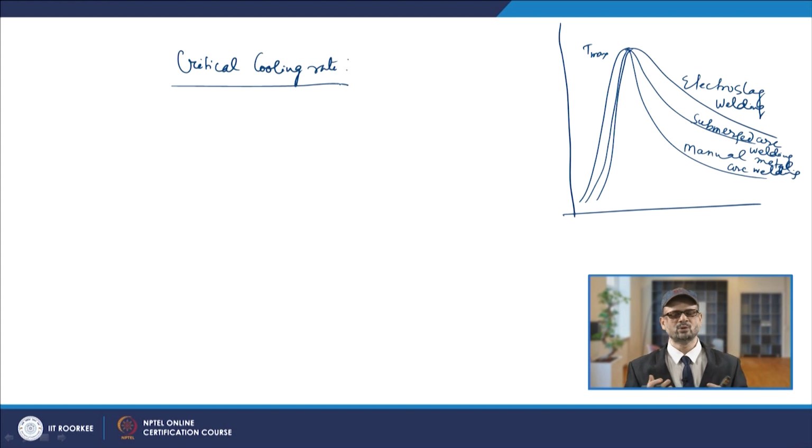As we know, the critical cooling rate is the minimum cooling rate which is required for transformation to the product, that is martensite. So, you can have a prediction of the formation of products like martensite in the case of sudden quenching, which we have seen earlier.